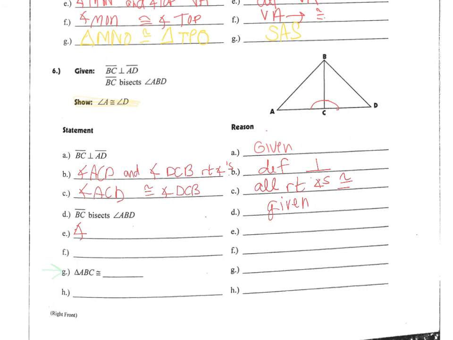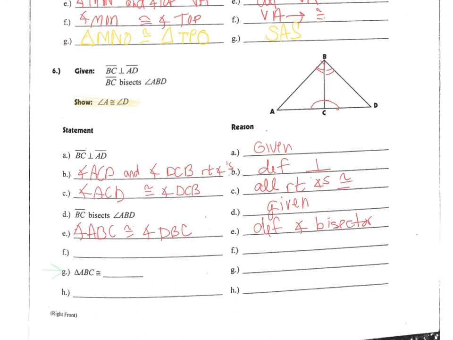And so that would be angle ABC, and that is congruent to angle DBC. And that is because we know that's a bisector, so it's the definition of an angle bisector. And so I'm going to go ahead and mark that piece of information off. At that point, that's all that I can draw from the given information.